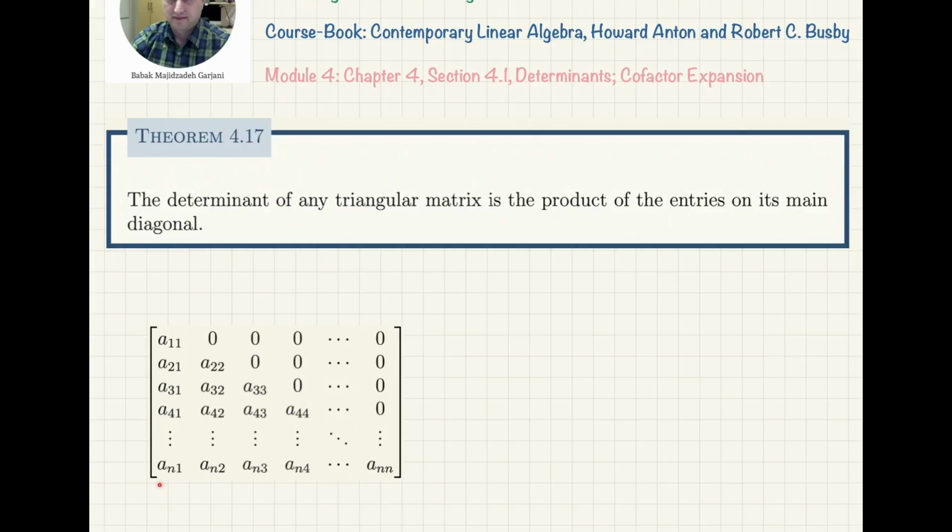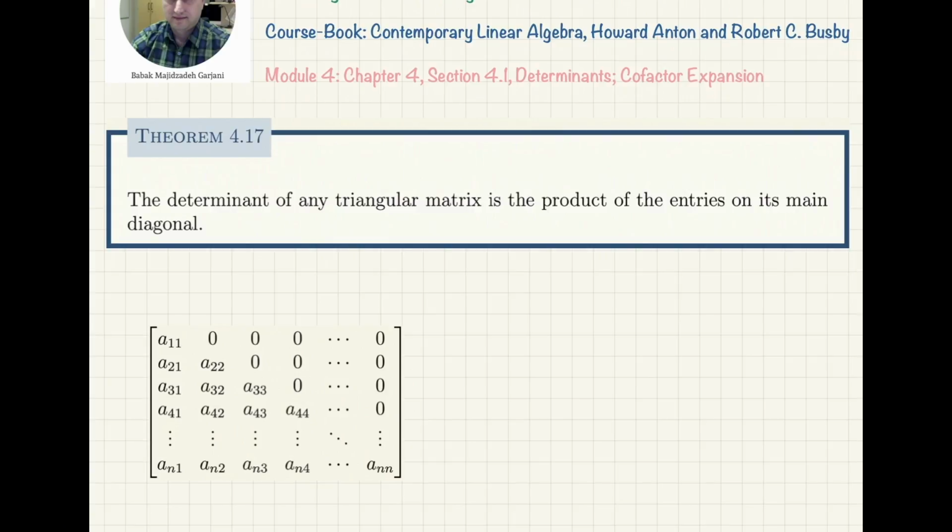If I want to calculate the determinant here, instead of calculating n factorial elementary products, I can simply multiply these numbers, and then what I get is the exact value for my determinant. So in principle, I only need to calculate one elementary product, and that elementary product is the product of the entries on the diagonal.